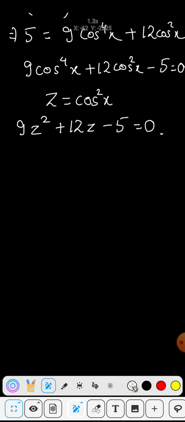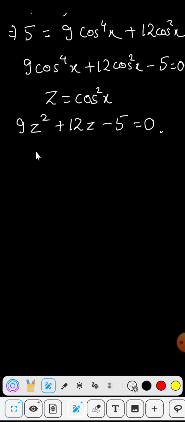Now we will solve this quadratic equation by taking the middle term split. So 9 times 5 is minus 45. So break the middle part, 12z as 15z minus 3z minus 5 equal to 0.